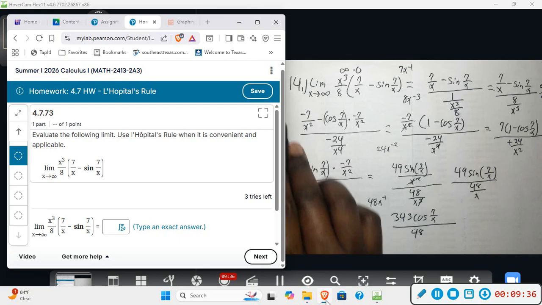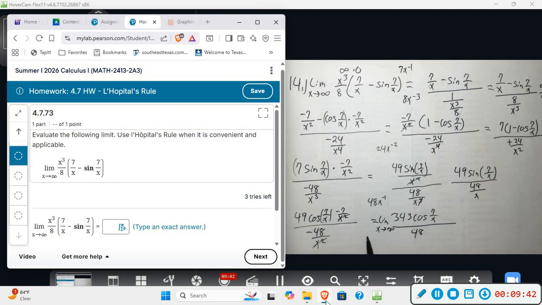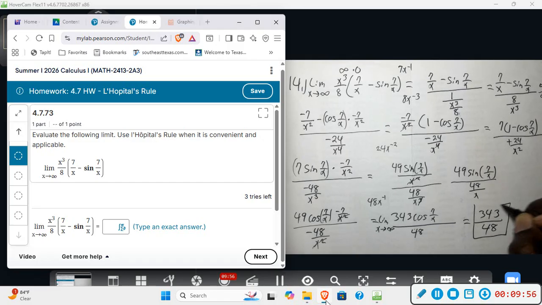All right, so now again we're going to take the limit. So if we plug in infinity, this goes to 0. Cosine of 0 is 1 from unit circle. So 343 times 1 is 343 over 48. 343 over 48 is what we believe this limit to be.